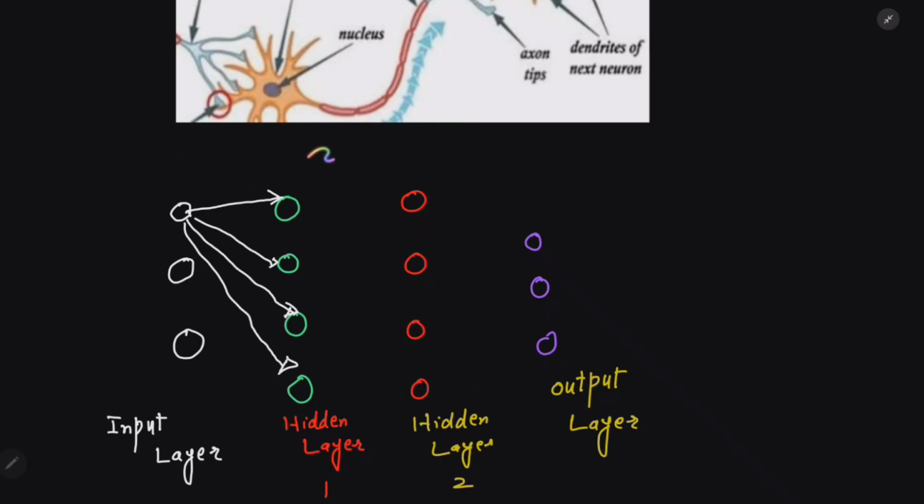For hidden layer 2, hidden layer 1 becomes the input layer. Similarly, for the output, hidden layer 2 is already the input layer. So for each layer, the input comes from the previous layer.